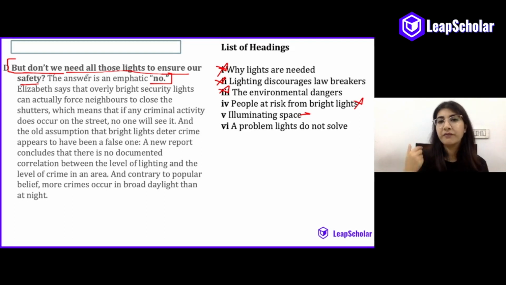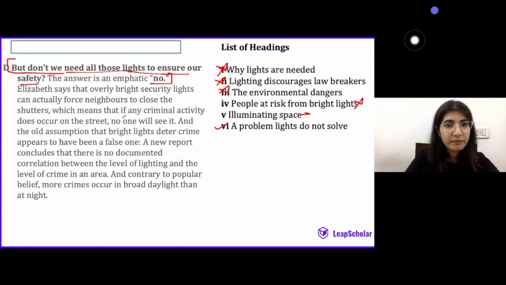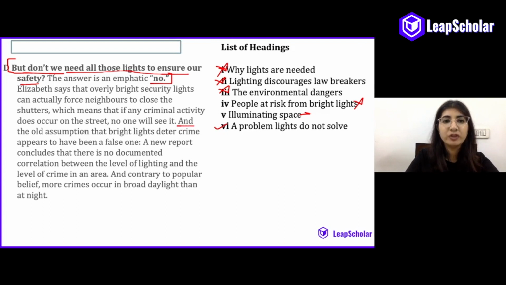To further verify whether I have the right answer or not, what you can do is read the rest of the paragraph and that will confirm that this answer is indeed correct. Let's read the paragraph. Going below, it says, and the old assumption that bright lights deter crime appears to have been a false one.